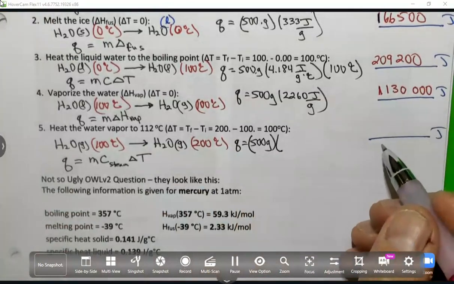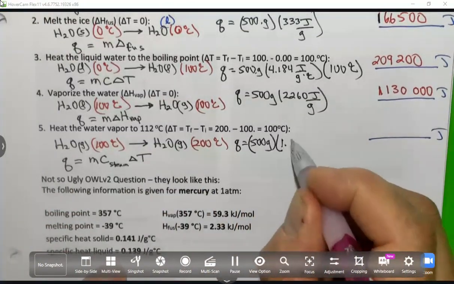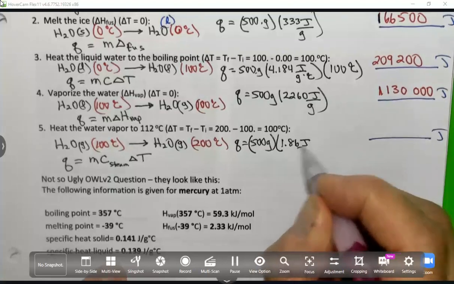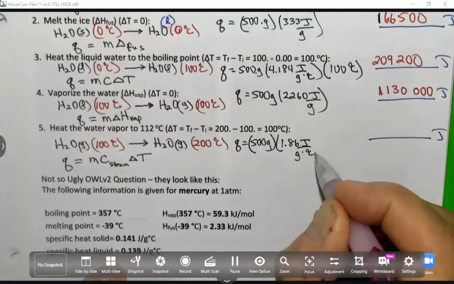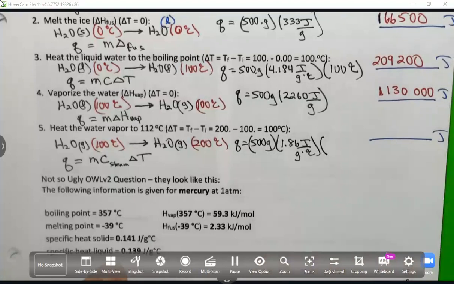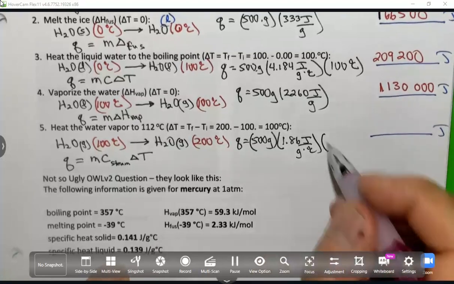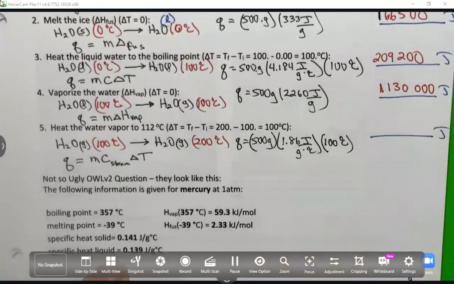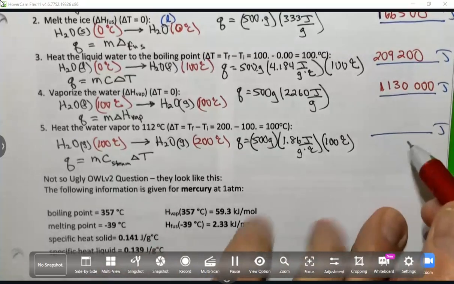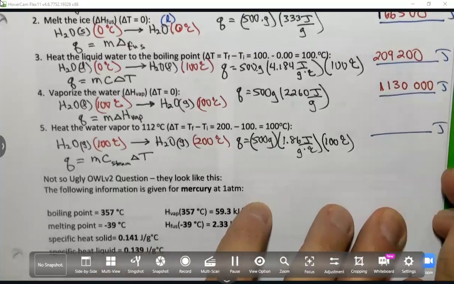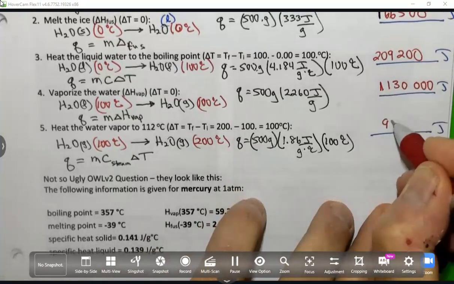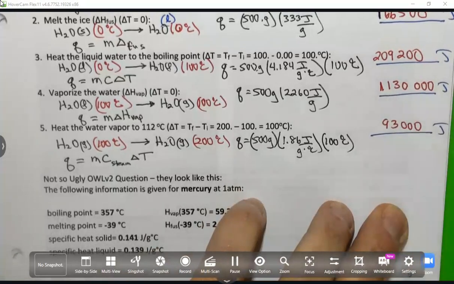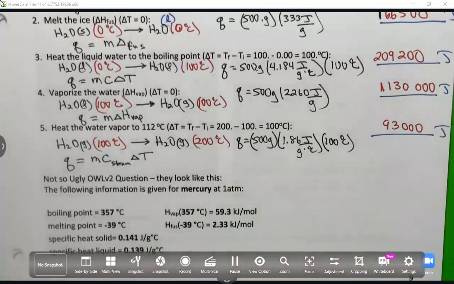My specific heat of steam is 1.86. And my temperature change is 100. That gives 93,000 joules.